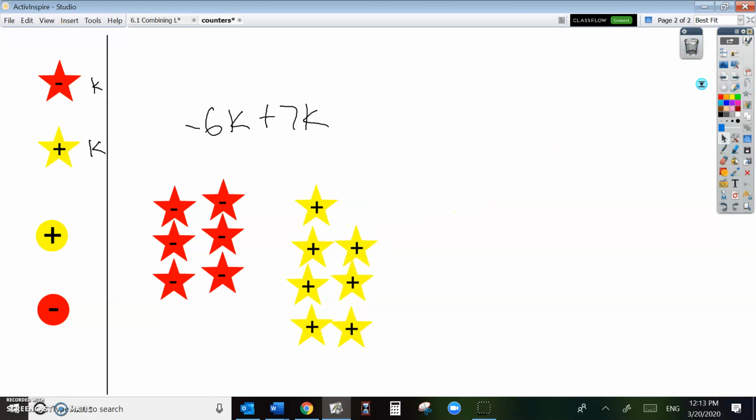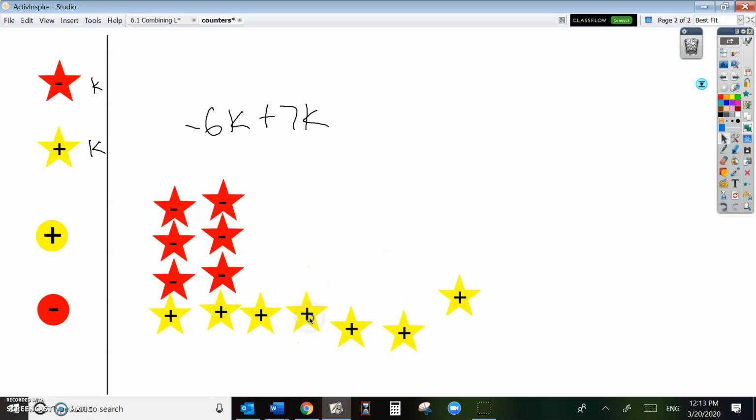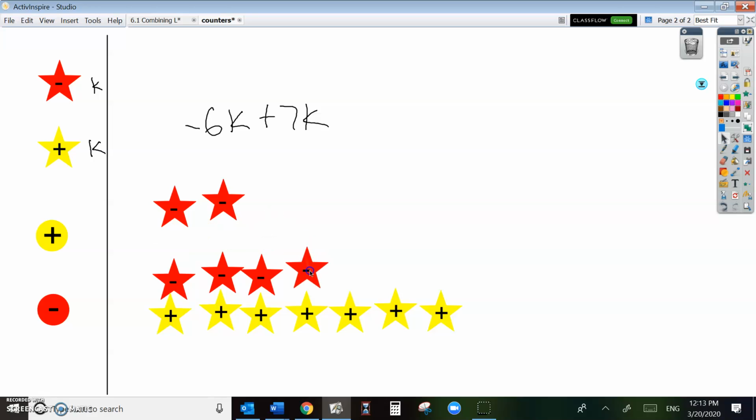So I have 6 negative k, and I have 7 positive k. And this is just like canceling out before. Those will cancel, those will cancel. Just like positive integers and negative integers cancel, these will cancel as well.